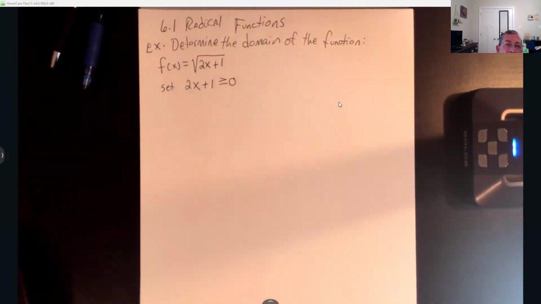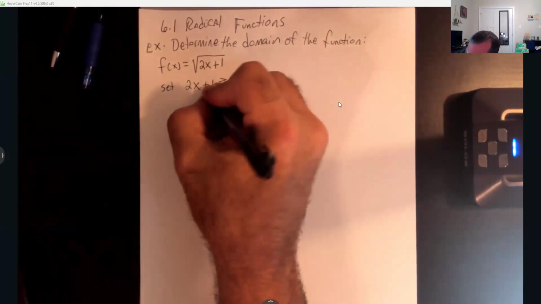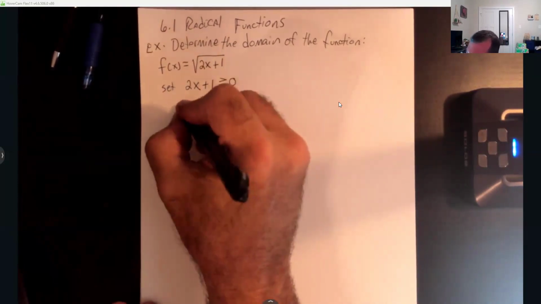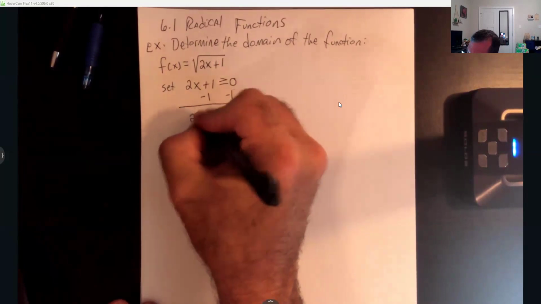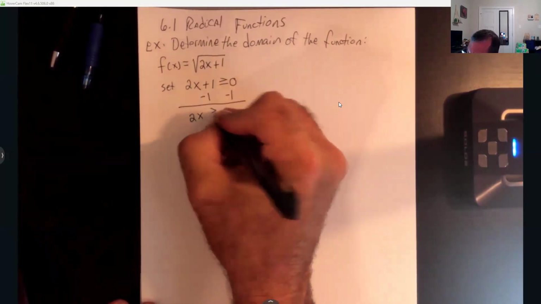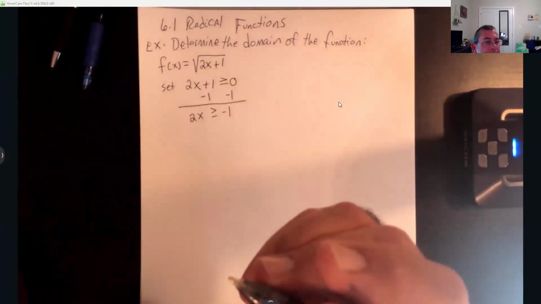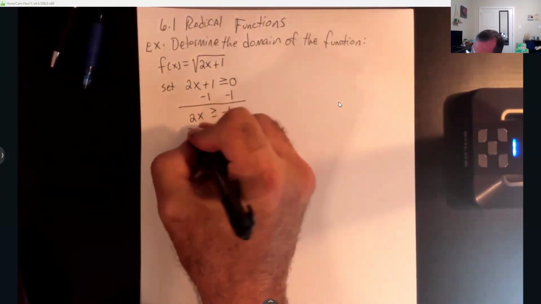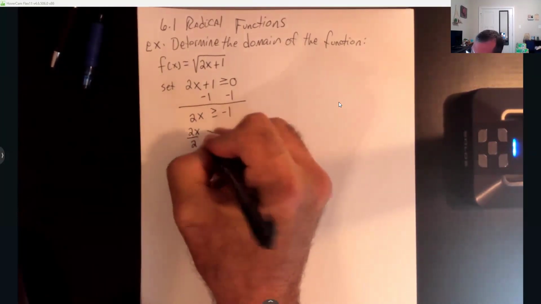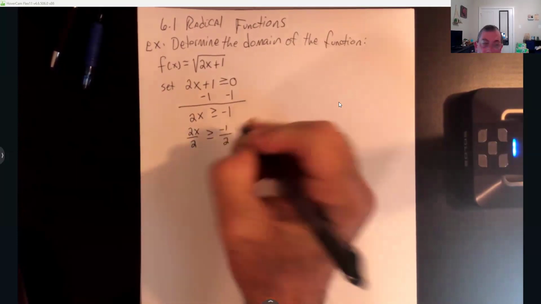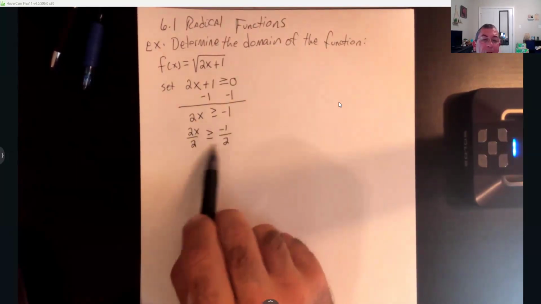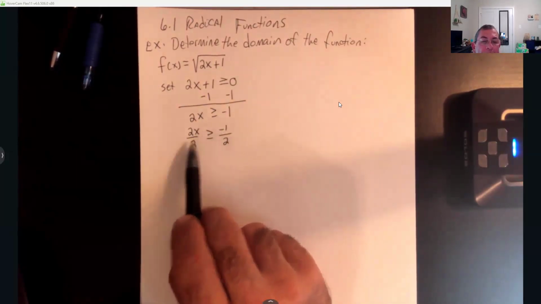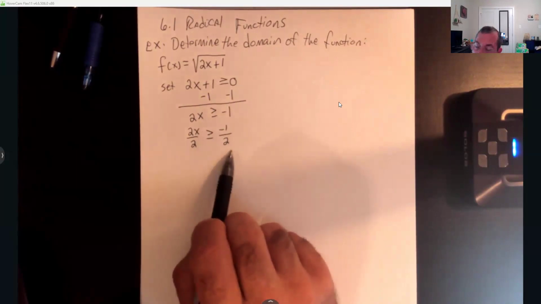All right, Jackson, what you got? Negative 1/2. Yeah, that's looking good. Good job. So it looks like you subtracted 1 first, and you got your 2x greater than or equal to negative 1, and then come in and divide by 2. And y'all notice, we did not reverse the inequality because we're dividing by positive numbers.